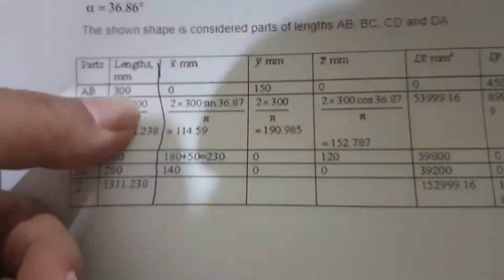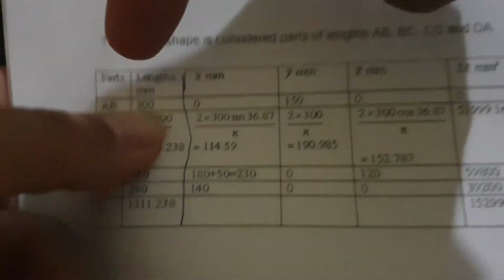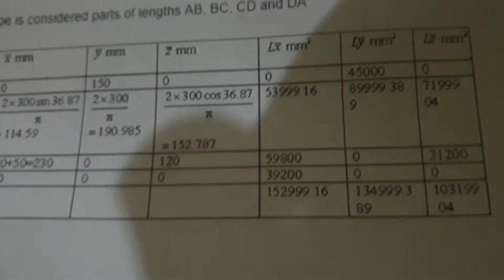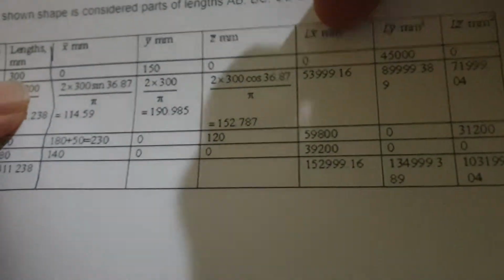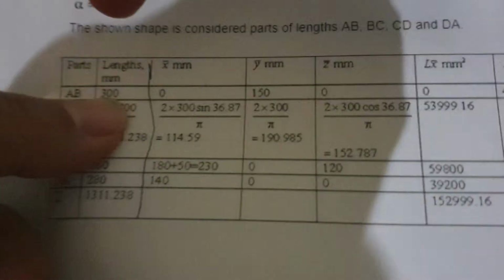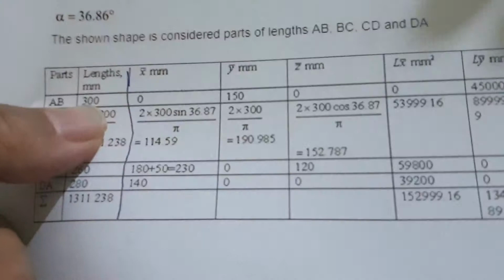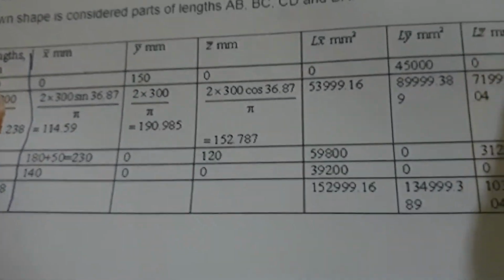Length times Y bar, 45,000. Length times Z bar, it's 0. Now, this is in millimeter square, because length times X bar is millimeter square. So this is millimeter square, millimeter square, millimeter square. So now we found AB.